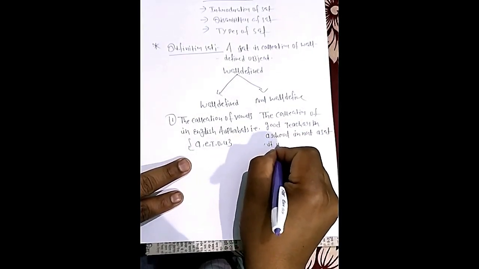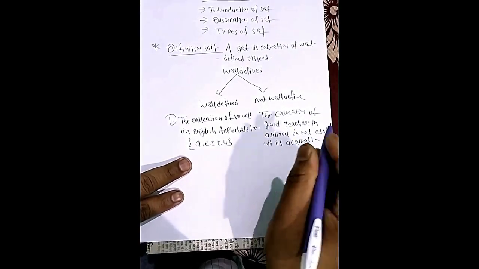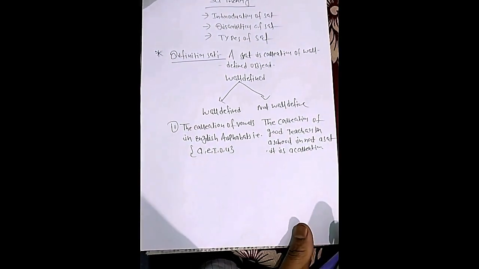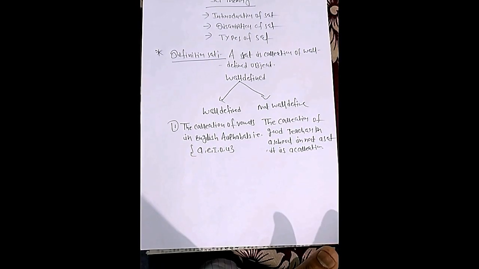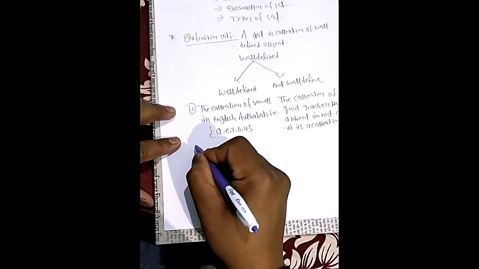It is a collection. Students, the collection of good teachers in a school is not a set. It is a collection because it is not well defined. We are clear on that.